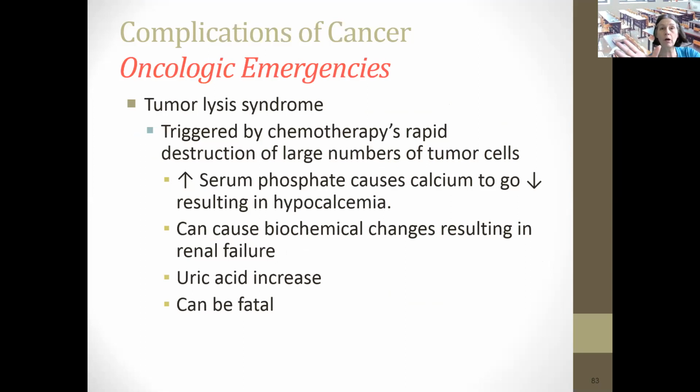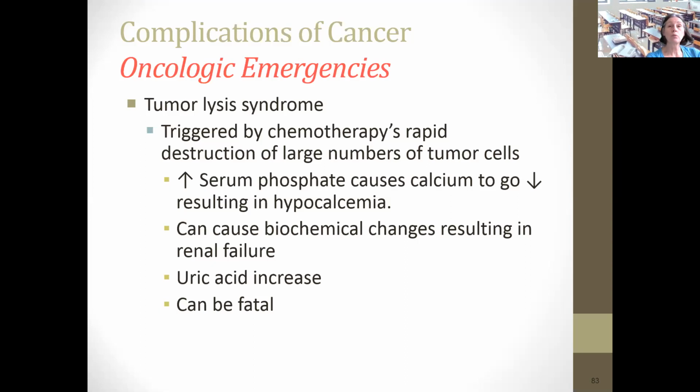The cell broke apart and the cell contents were dumped out into your vascular space. So serum phosphates will go up. Remember all that ATP and 2,3-DPG, all those other phosphate-rich chemicals inside the cell will cause your serum phosphate levels to go up. And when phosphate levels go up, calcium levels go down. So we have hyperphosphatemia and hypocalcemia.